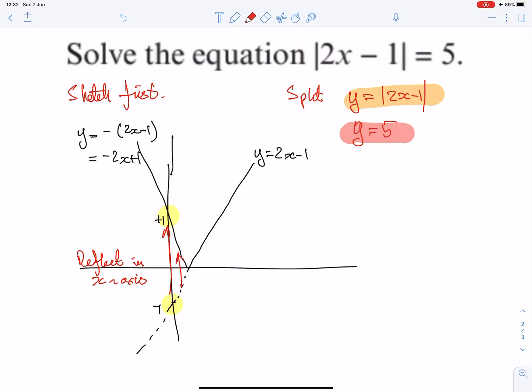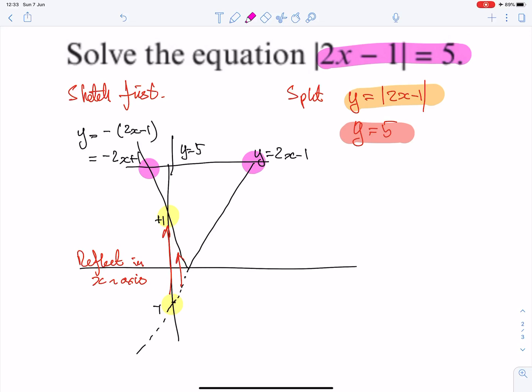y equals 5 is going to be a straight line across here. And we can see then that for our original equation, we've got two solutions. One point over here where 2x minus 1 is equal to 5, and one point over here where minus 2x plus 1 is equal to 5.